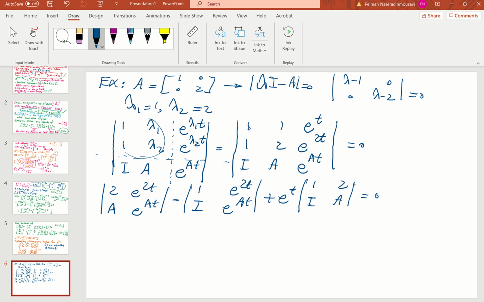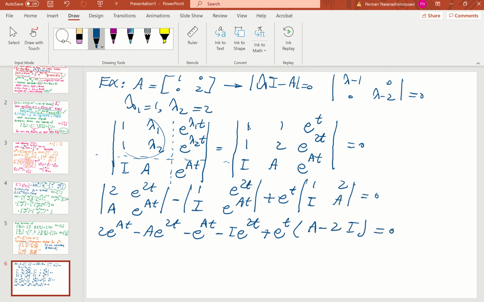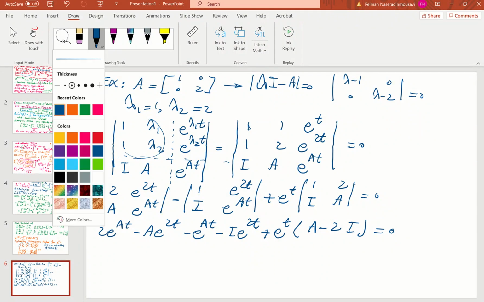Now you have to calculate all of them. So 2e^(At) minus Ae^(2t) minus e^(At) minus Ie^(2t) plus e^t (A minus 2I) is 0. Now look here, guys. We want to find this, that's right, the matrix exponential.